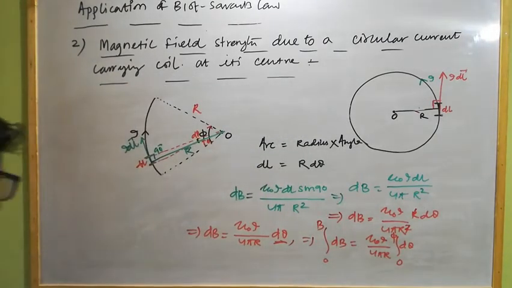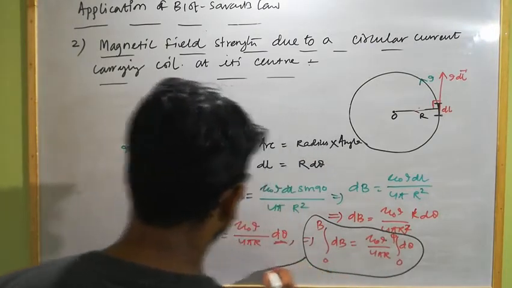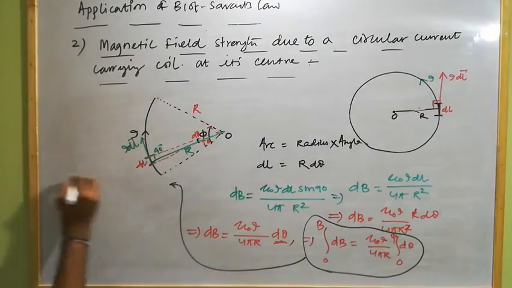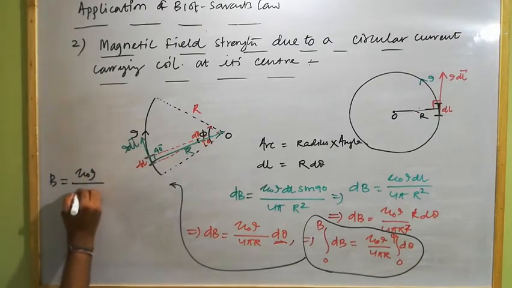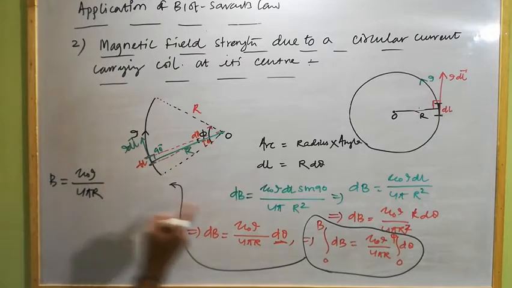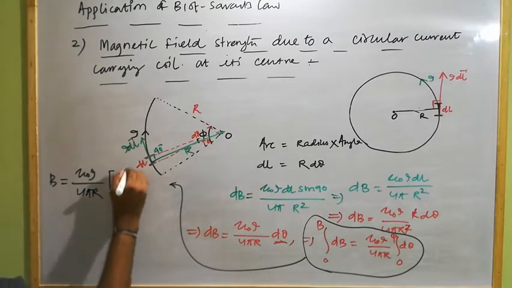Clear? So the net magnetic field from this expression will be B equal to μ0 I divided by 4π r, integral of dθ from 0 to φ. So it will be θ from 0 to φ.